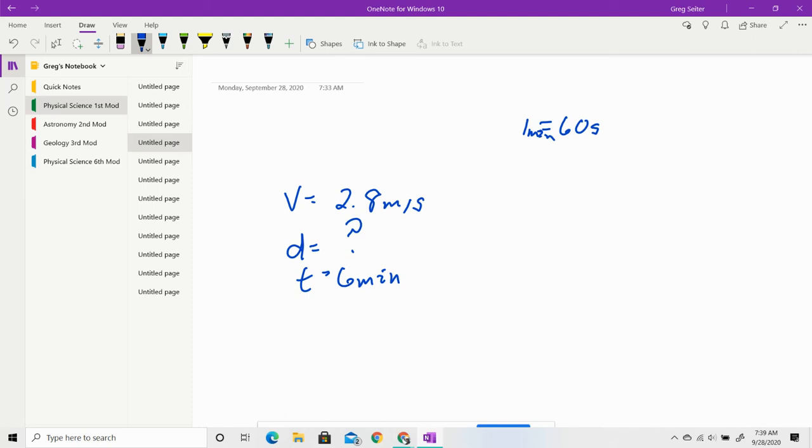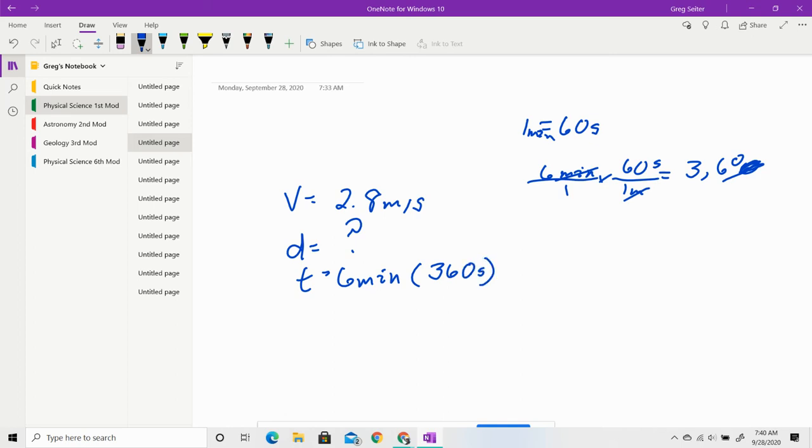All right. So if we take 6 minutes, and this is one of our conversion factors, we need to do this. 60 seconds per 1 minute. So we can cross those out. I end up with 3,600 seconds. Does that look right? No, 360 seconds.